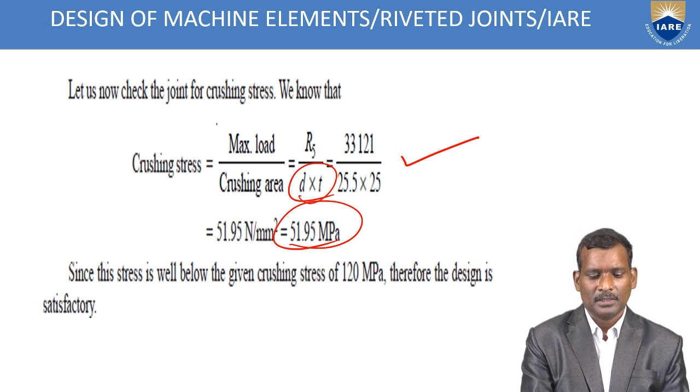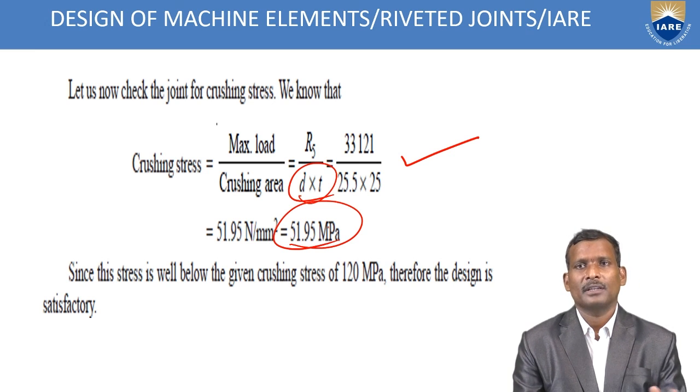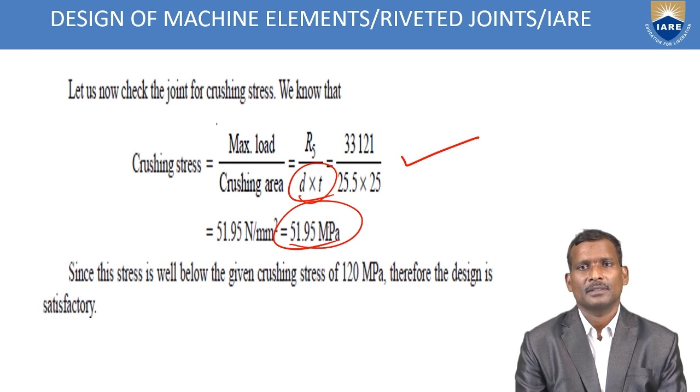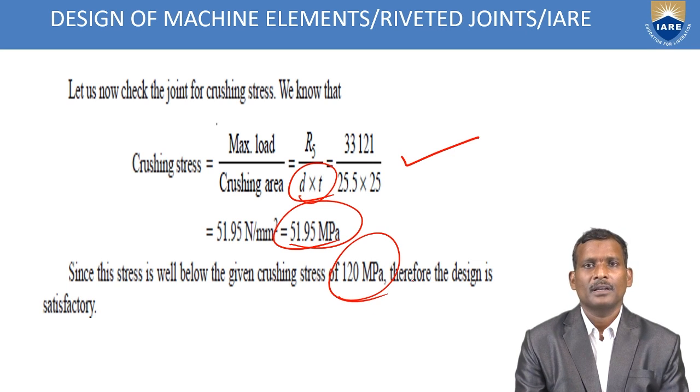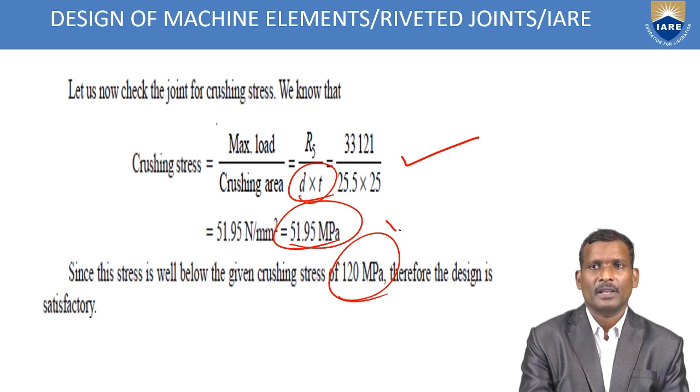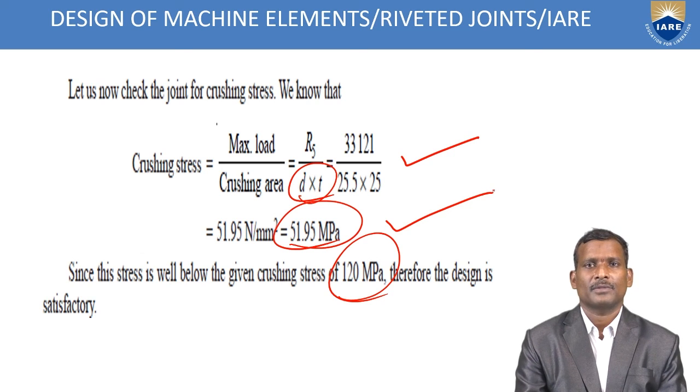This stress value is below the given stress value, so then only you can say the design is safe. What has been given in the problem? He has given 120 megapascal as the maximum crushing stress. The calculated crushing stress value should always be less than the given ultimate maximum stress value.